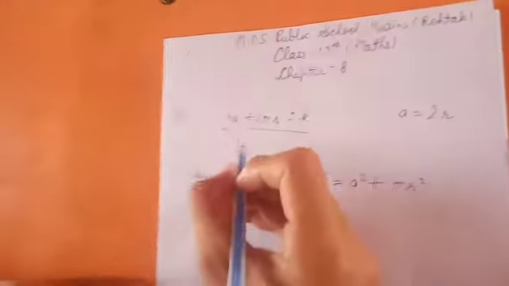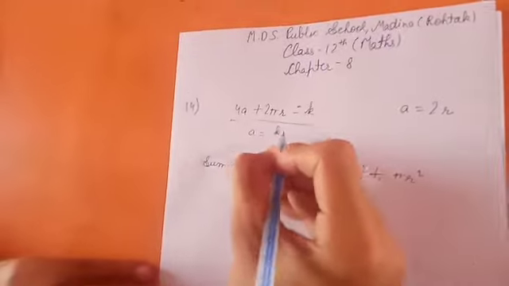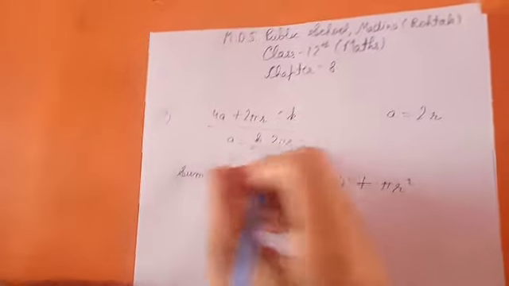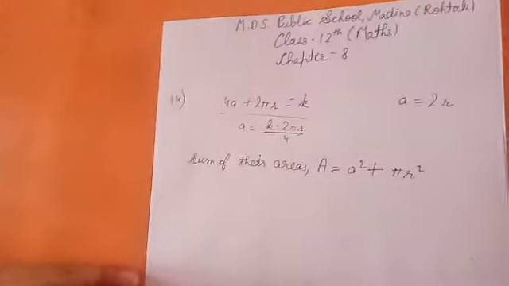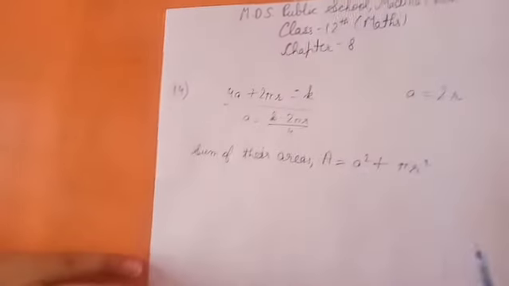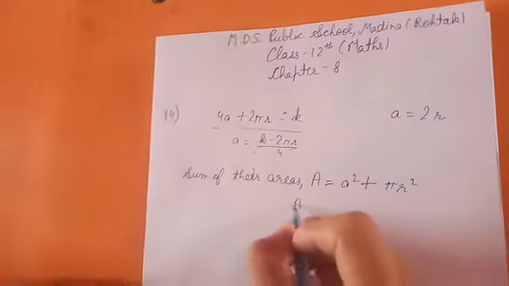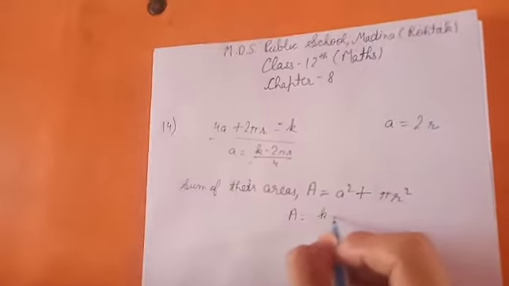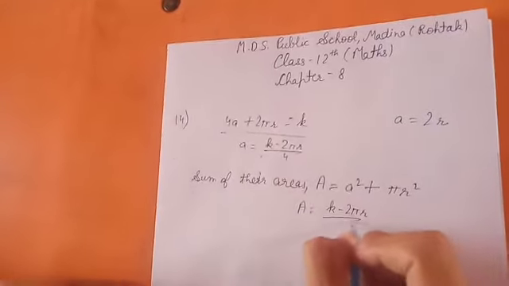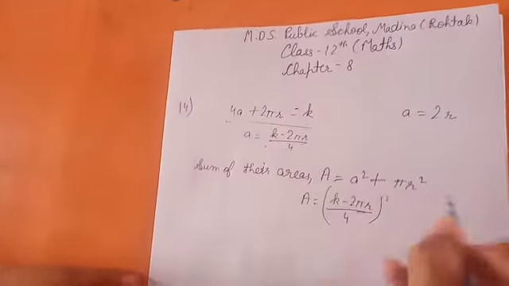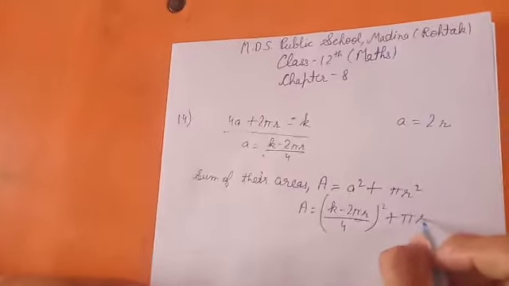From here I can find the value of a. Here a will be (k minus 2 pi r) by 4, and this value of a I can put here. So my area A will be ((k minus 2 pi r) by 4) whole square plus pi r square.